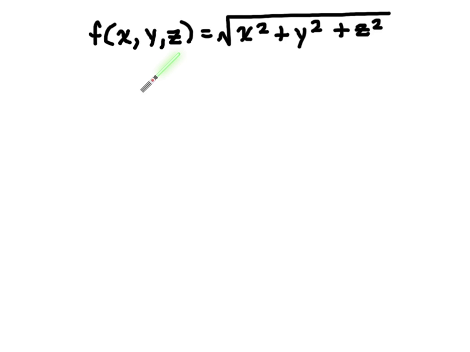We evaluate functions by substituting the values of the independent variables into the function. For example, let's say that our x variable has a value of 3, our y is 0, and our z is 4. So we're going to substitute these into the equation. And what do we get?